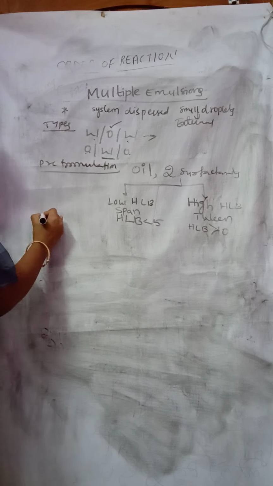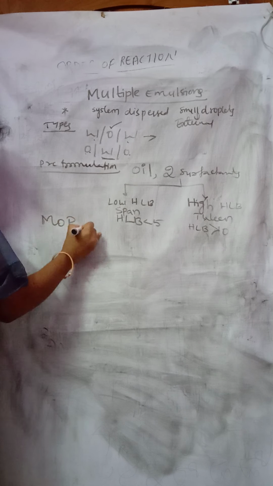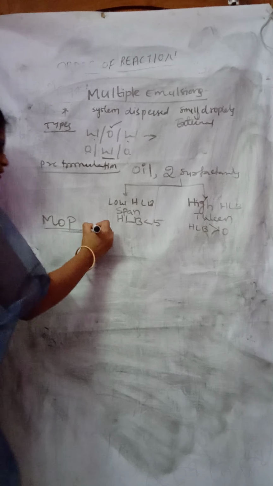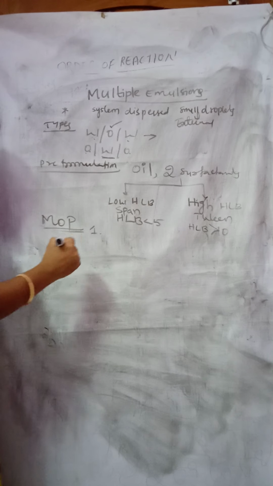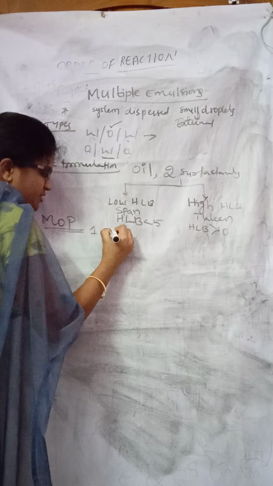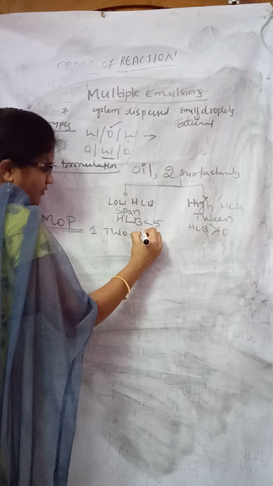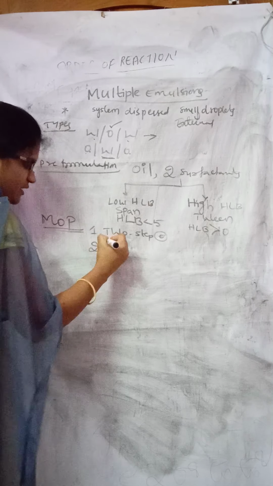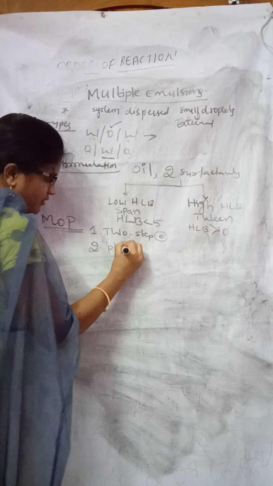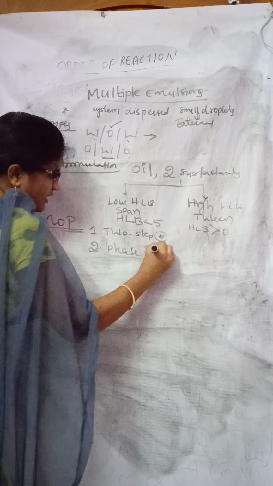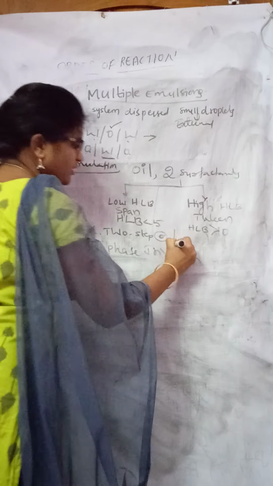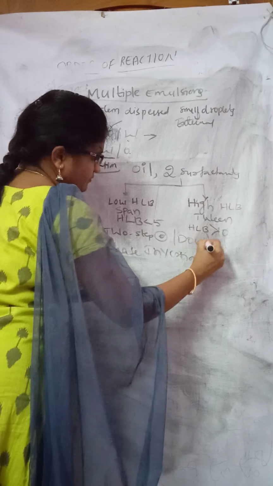Okay, so now we will see the method of preparation. Multiple emulsions can be prepared using two techniques. The first is two-step emulsification, or double emulsion technique.